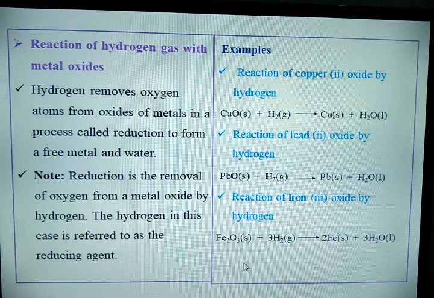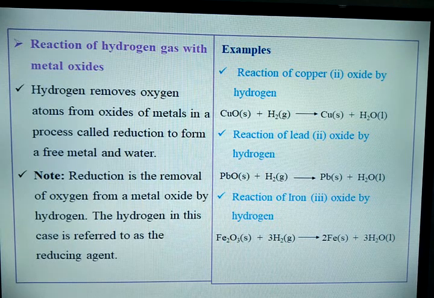So that's how hydrogen reacts with metal oxides. Make sure that for any equation you write, you can also write an observation, and you can go as far as identifying which type of reaction is taking place.